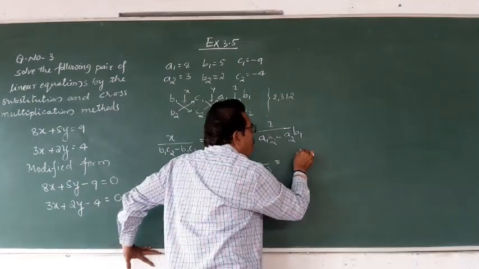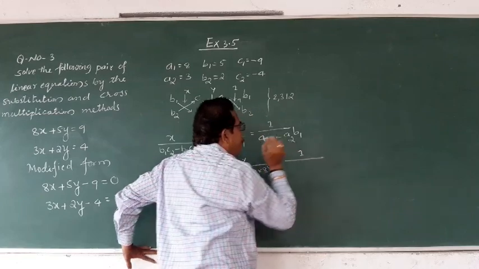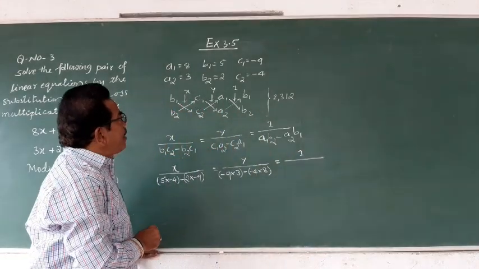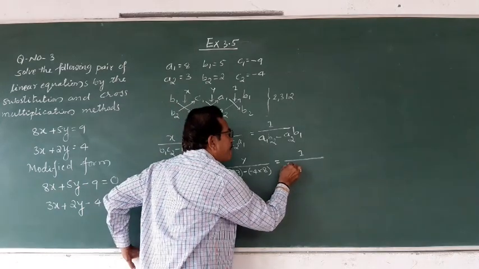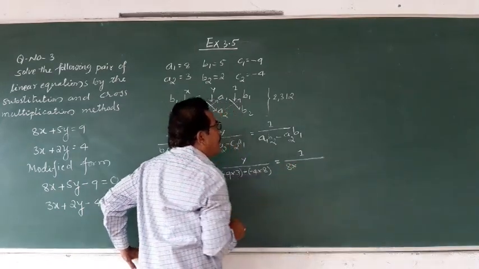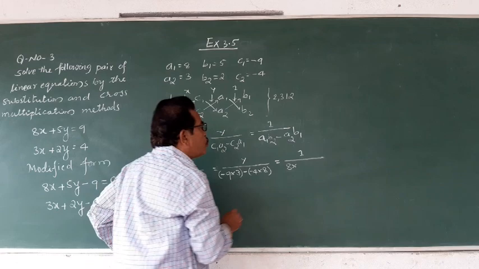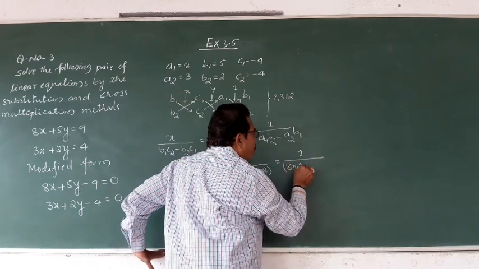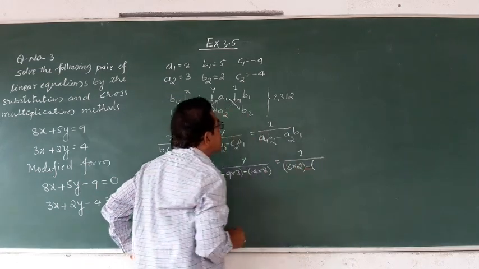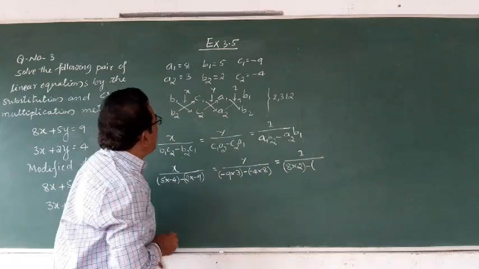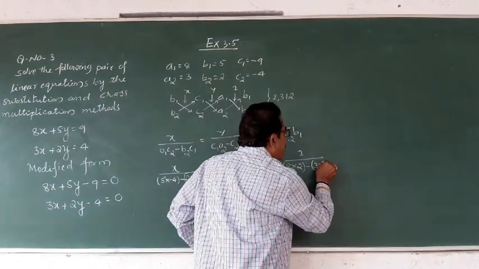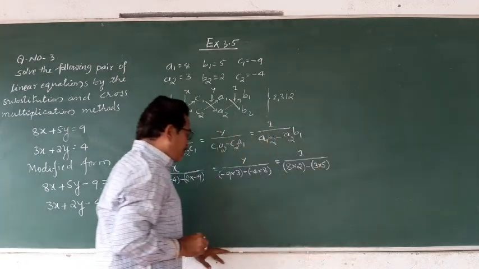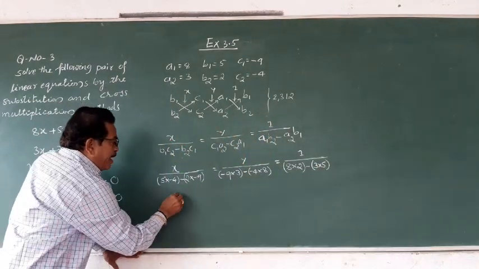That is equal to 1 divided by A1 B2, A1 is 8, B2 is 2, minus A2 B1, A2 is 3, B1 is 5. Okay, now let us simplify.